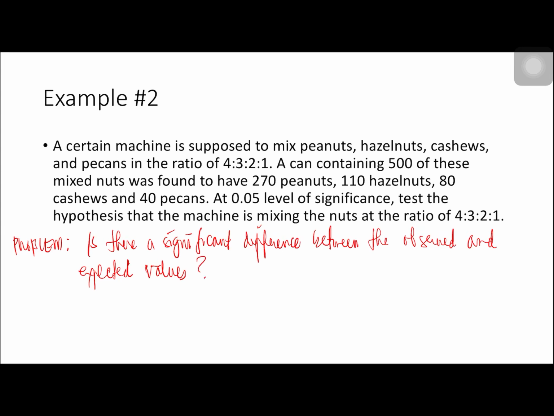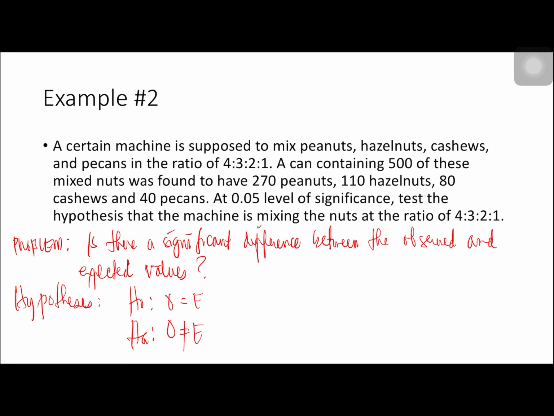So, here, our null hypothesis is that our observed frequencies or observed values are equal to our expected values, or there is no significant difference between the observed values and the expected values. And of course, HA is the contradiction of the null hypothesis, that observed is not equal to the expected values.